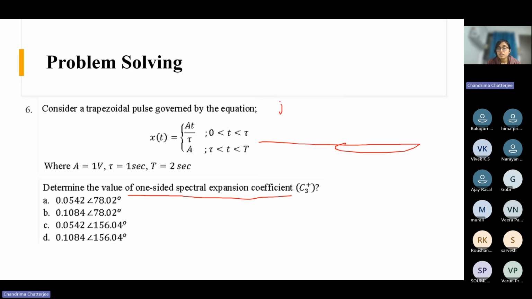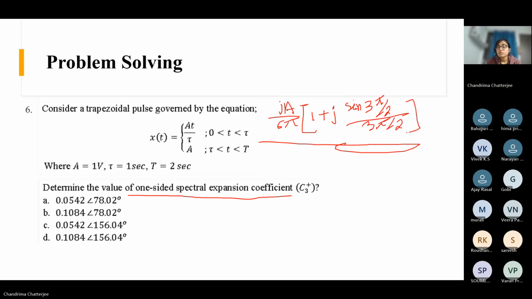So it was Ja by 6 pi, then 1 plus j, then sine 3 pi by 2 by 3 pi by 2. Can any of you tell the answer? What will this be?